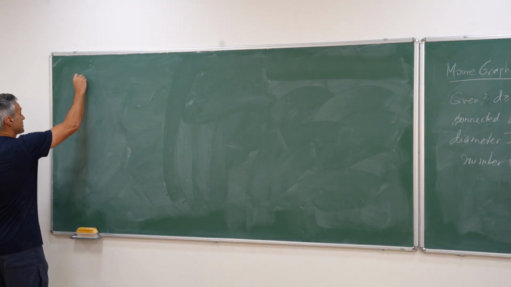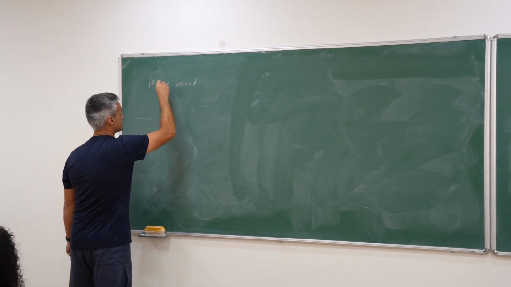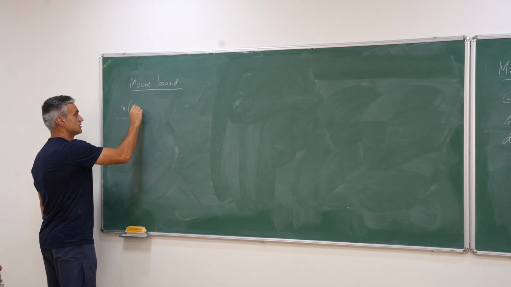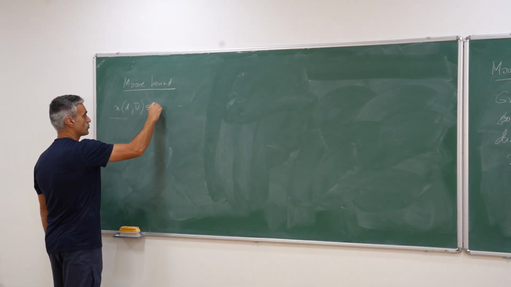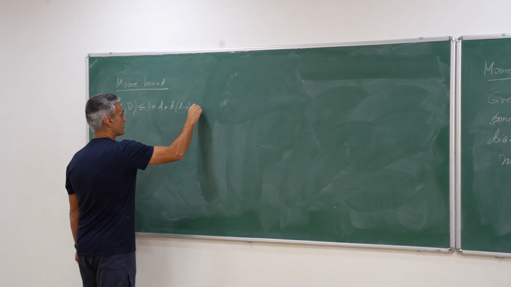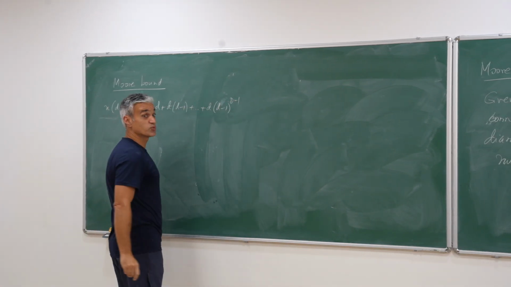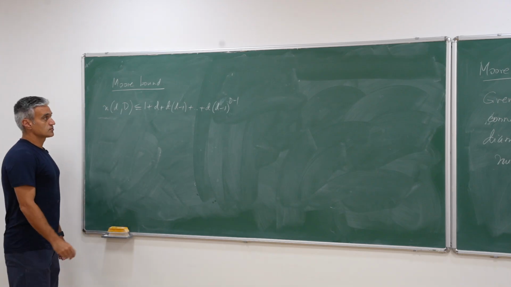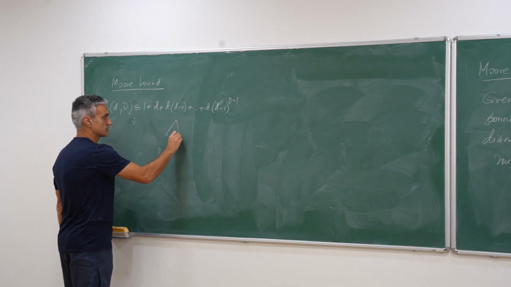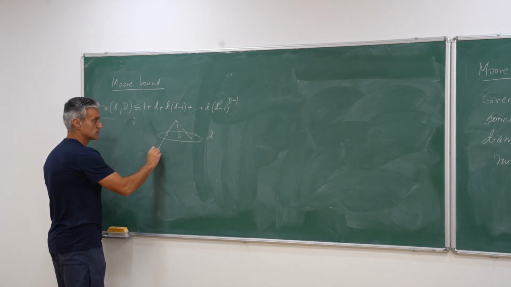So in general, let me tell you first, this is called the Moore bound. And the Moore bound says that n of d, D is less than or equal to 1 plus d plus d times (d minus 1) plus ... plus d times (d minus 1) to the power D minus 1. And why is that? Because you take a vertex, you have d neighbors here.